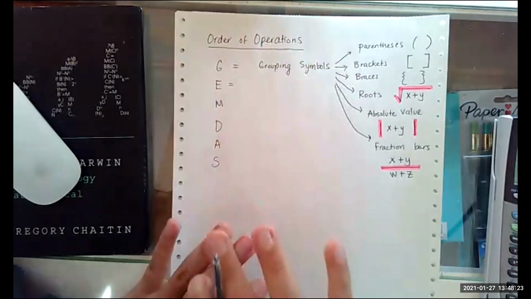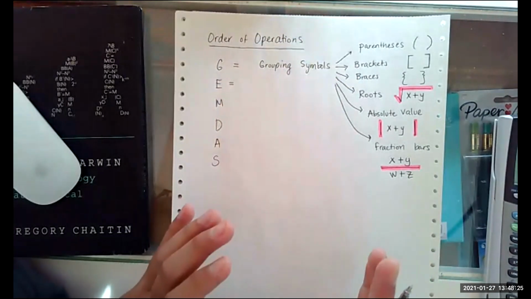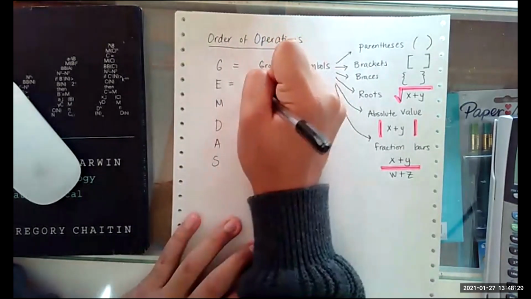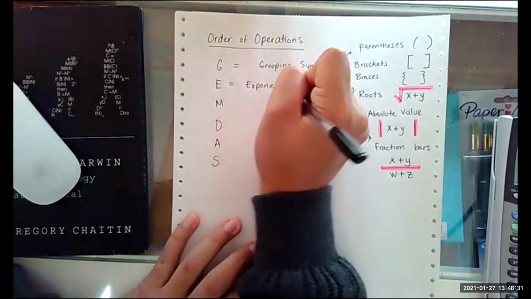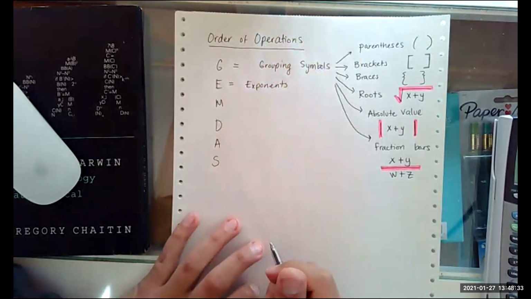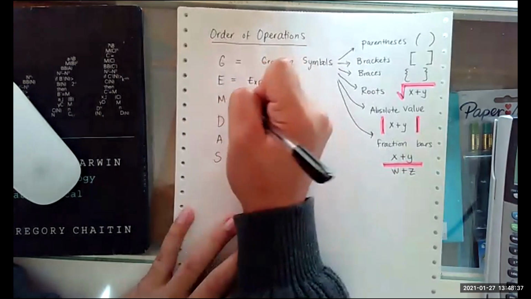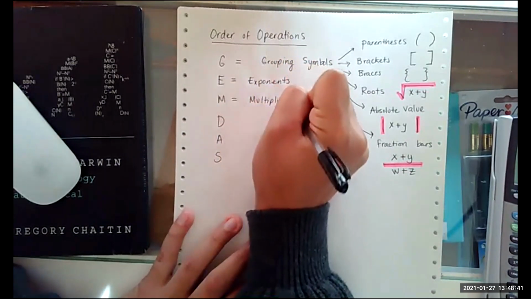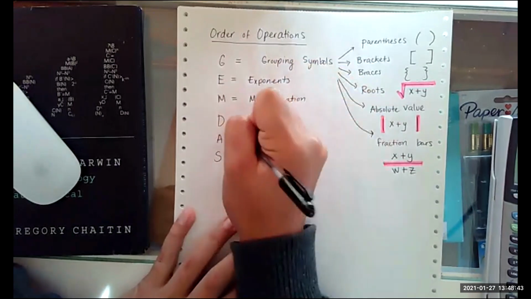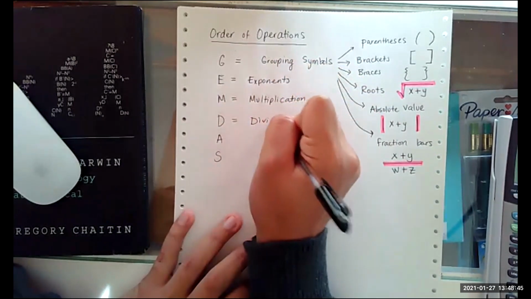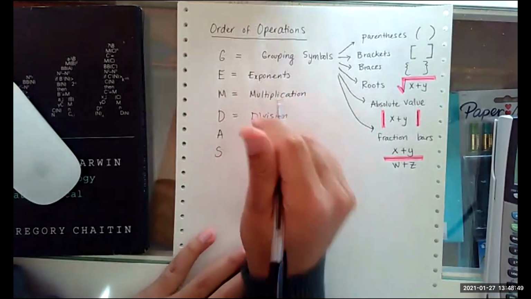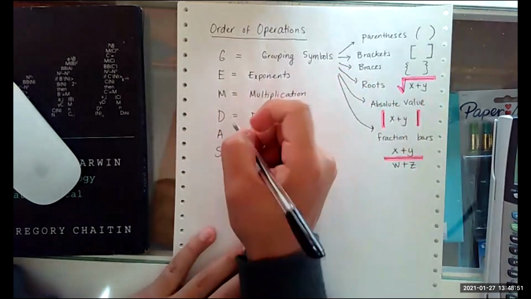Once you've taken care of everything inside the grouping symbols, you can move out to the exponents. After you're done with exponents, then you can take care of your multiplication. Then you can take care of your division once all the multiplication is done. And I'm going to fudge that here in a little bit.